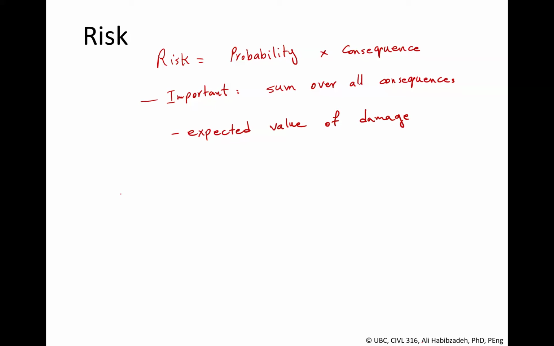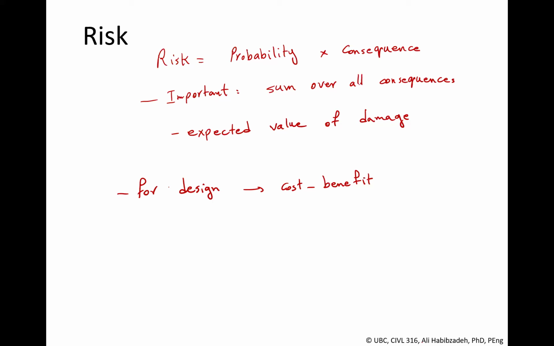And for design purposes, we do the cost benefit analysis, which we're not going to do here, but we basically look at the cost versus benefit, and as we said, that's C to L reference.